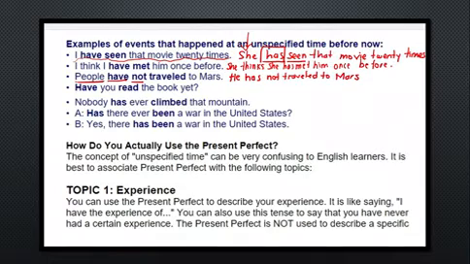Have you read the book yet? Am I pronouncing read "red"? ¿Por qué yo estoy pronunciando read y no read? Remember, when you have a verb in past participle, the verb is in past.